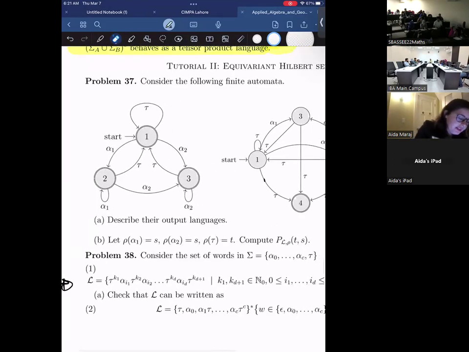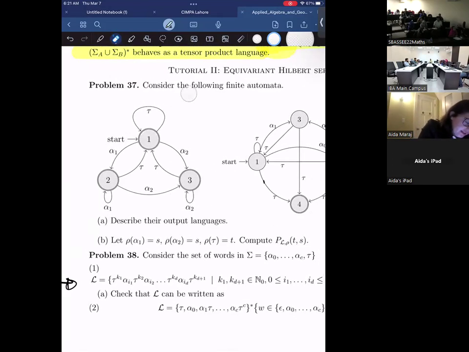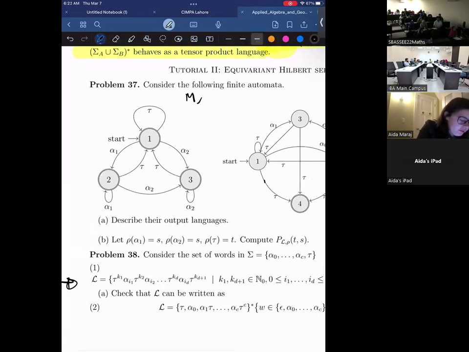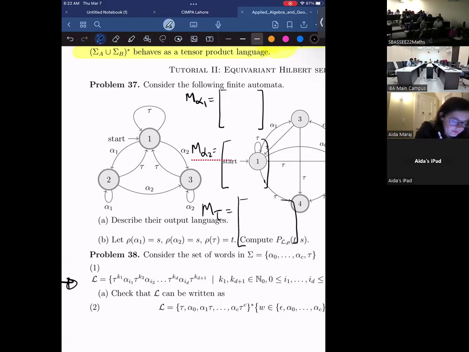So what are the incidence matrices? M of alpha 1, M of alpha 2, and M of tau. So what is M of alpha 1?